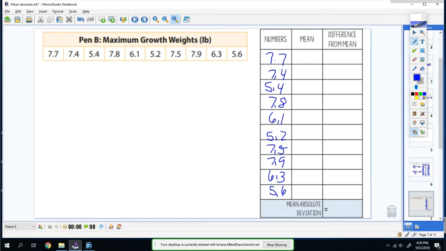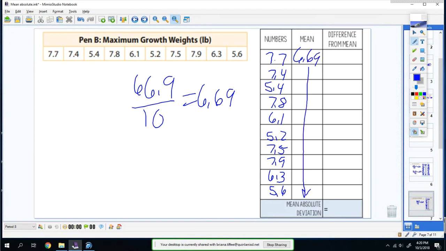And you get 66.9. Since there's 10 numbers again, you divide by 10, and you get 6.69. So 6.69 goes right here, and then you subtract it.